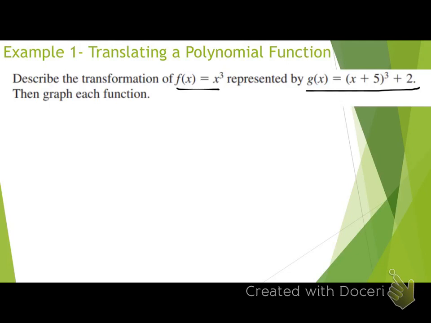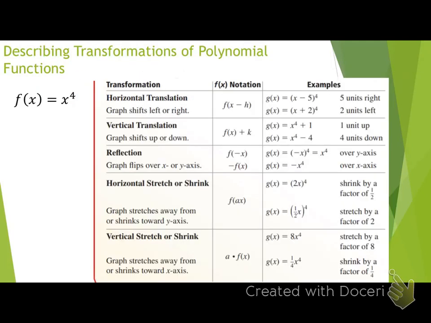Correct, right? I'm adding something to my x value inside the parentheses. Which of these formulas are you adding or subtracting something inside parentheses? Horizontal translation. Does everyone see that? Yep. So, remember, if it's inside, we're kind of doing the opposite of what our signs say.